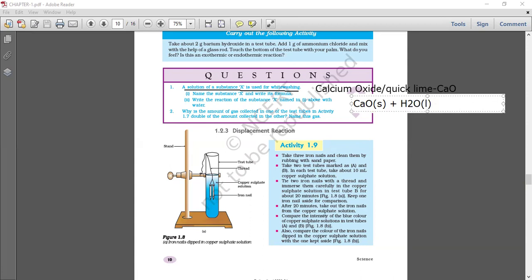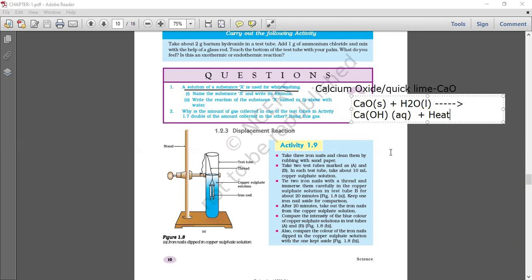So you'll be getting calcium hydroxide. It is actually subscript. I'll write here calcium hydroxide, and it is in aqueous state, because it is dissolved in water, and it produces heat.